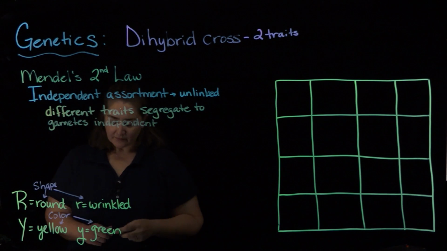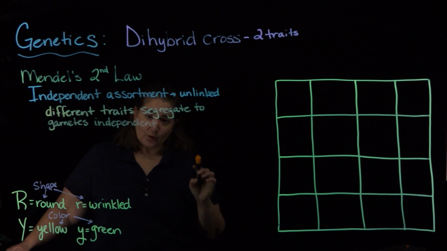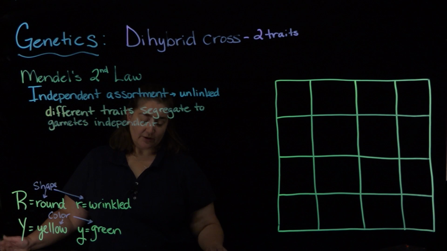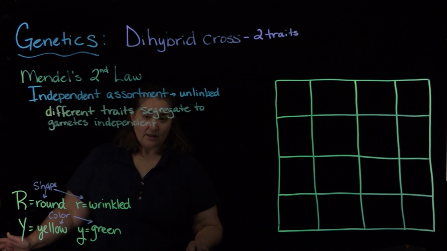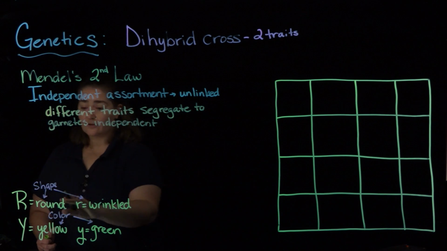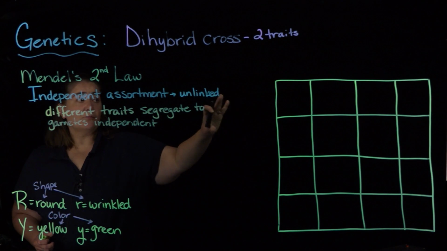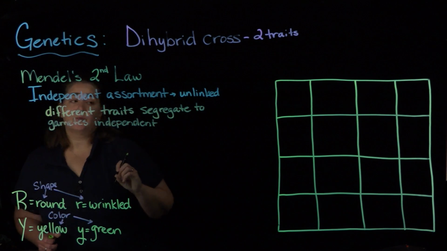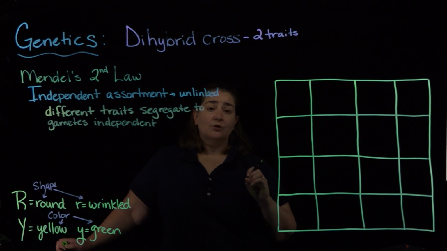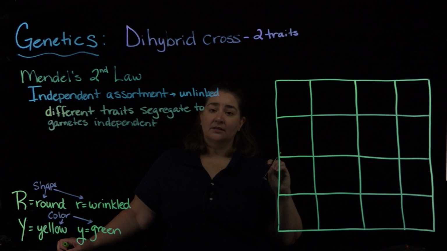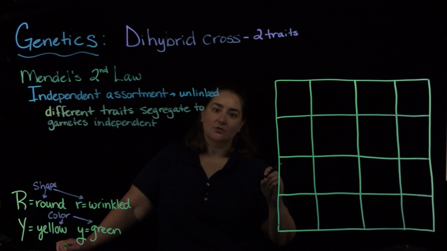So to follow Mendel's second law, we are going to follow traits that segregate independently, and the way we're going to map that out is, again, using our Punnett square. If you notice, our Punnett square has now gotten more complicated. I've drawn it up here ahead of time so you don't have to listen to my squeaky marker, although some of these markers are still going to squeak.